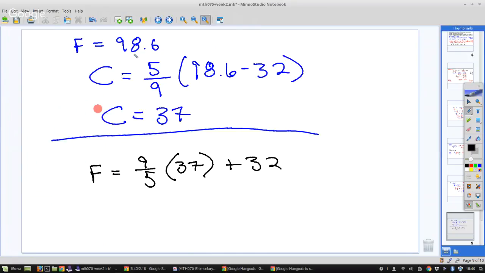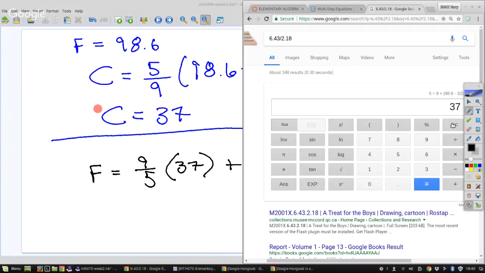Hopefully I'll get the 98.6 back if my work on the previous page is correct. Here, 9/5 times, and since it's just one number, the parentheses are optional. So I'm just going to type 37, and I'm going to add 32, and Google says 98.6. So it did work out.